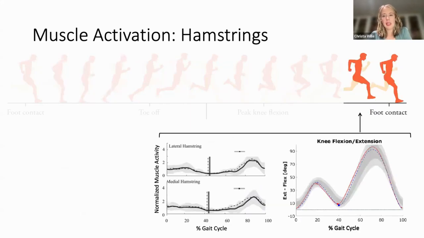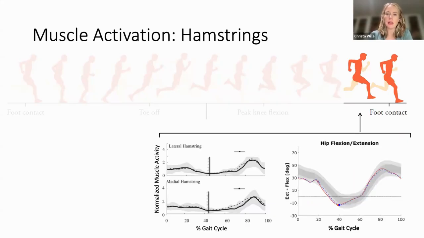And then finally, the last muscle group I'll touch on are the hamstrings, and you see muscle activation profiles for both lateral hamstring and medial hamstring. And because these are biarticular muscles, that increased activity now towards the end of that gait cycle, towards terminal swing, is associated both with what's happening at that knee. The knee is extending in that position in that last 20% of the gait cycle.